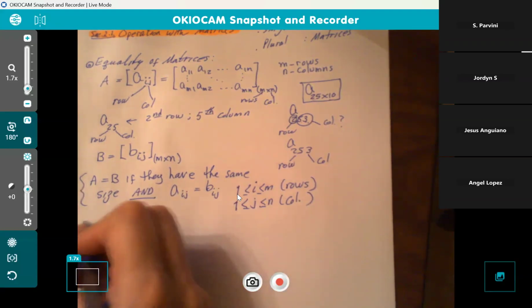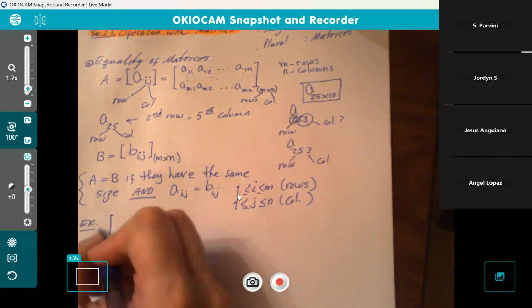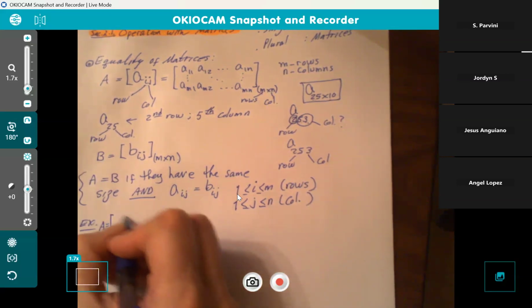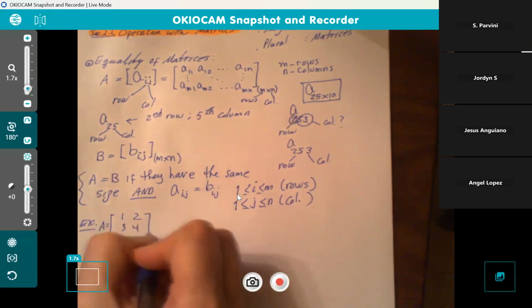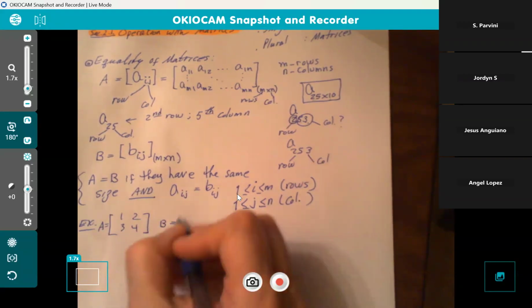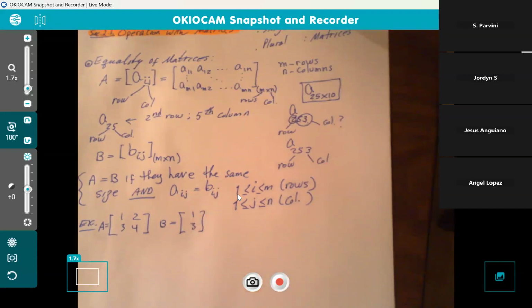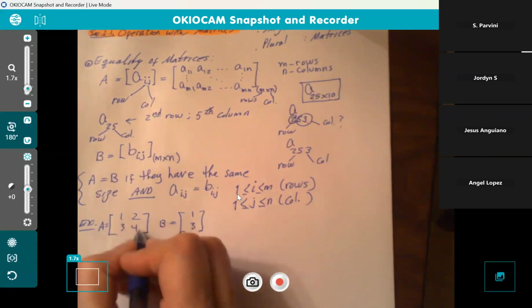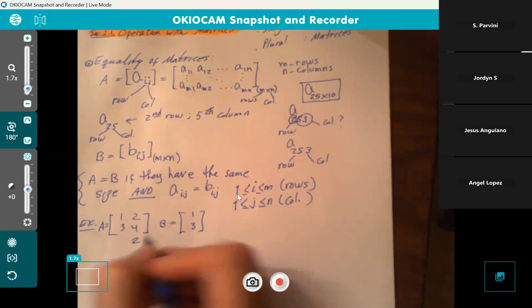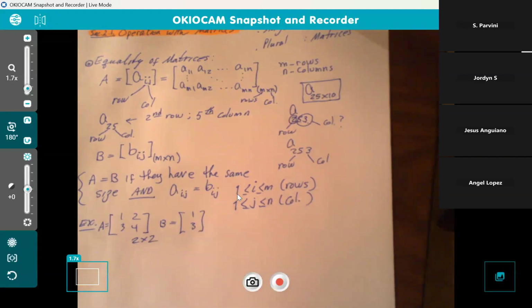So for example, let's say matrix A is 1, 2, 3, 4. Matrix B is 1, 3. First, what's the size or order of matrix A? Two rows, two columns, right? It's a 2 by 2.